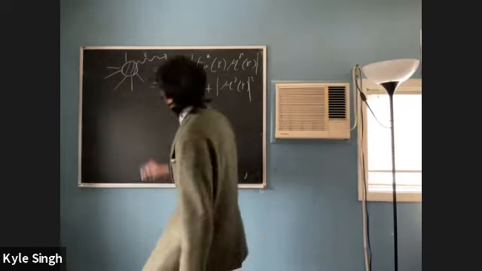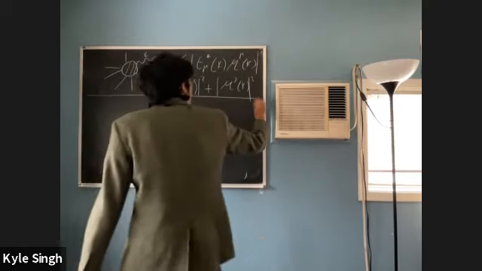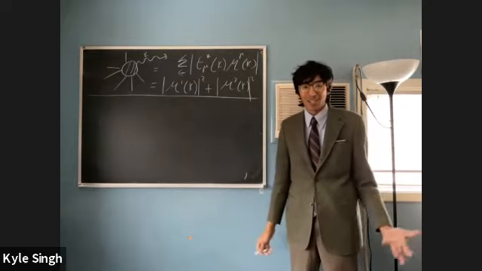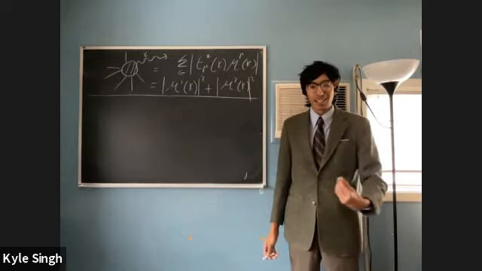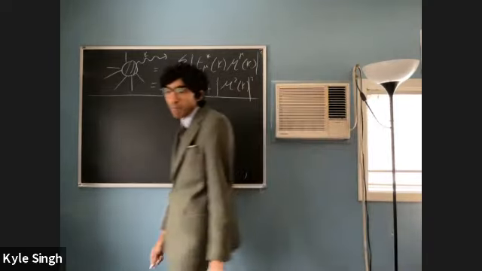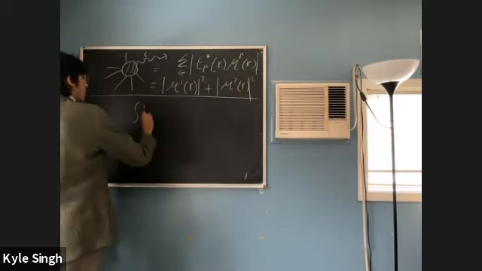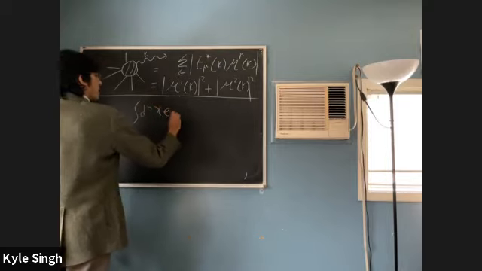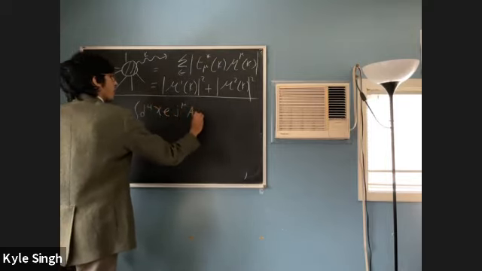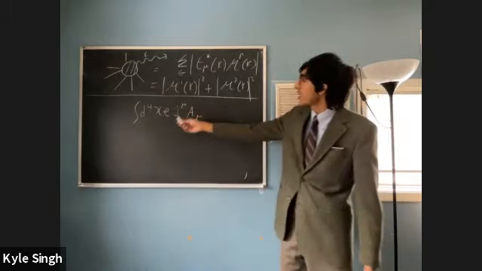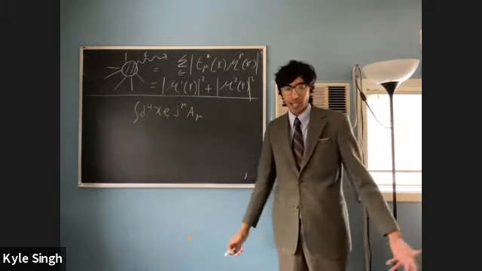So let's pause and recall how external photons are created in QED. Well, there's an interaction term that goes d4x e j mu A mu, where you have the gauge field, you have a current, and you have a charge, and that creates a photon.